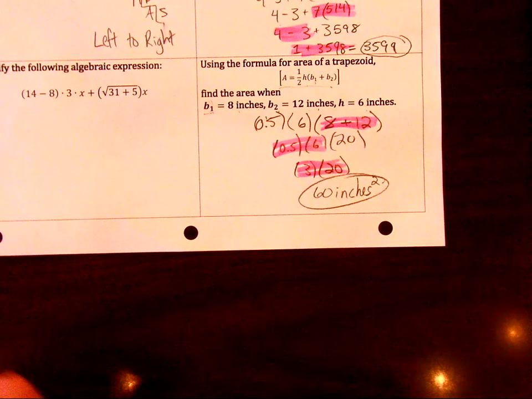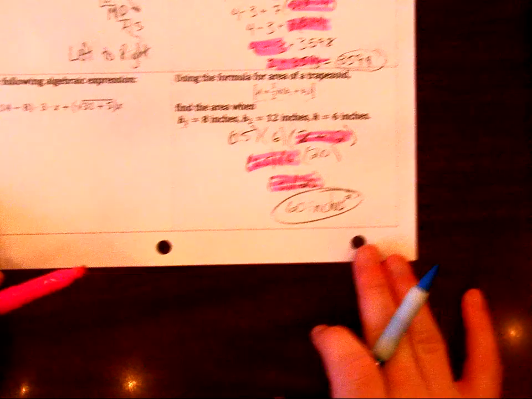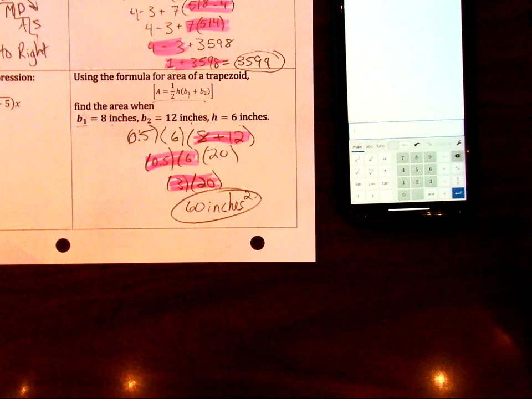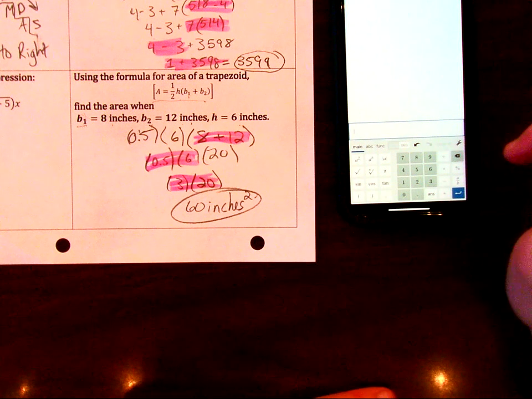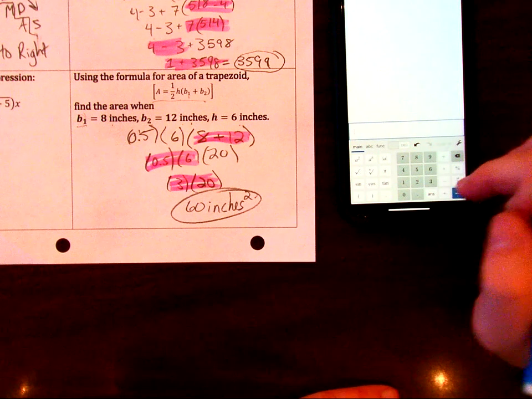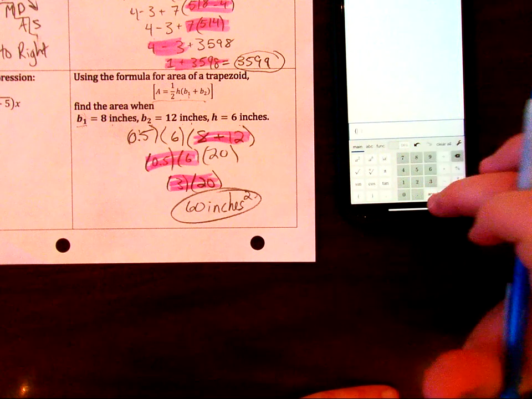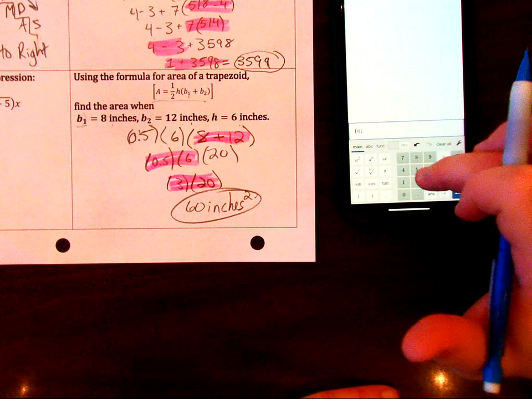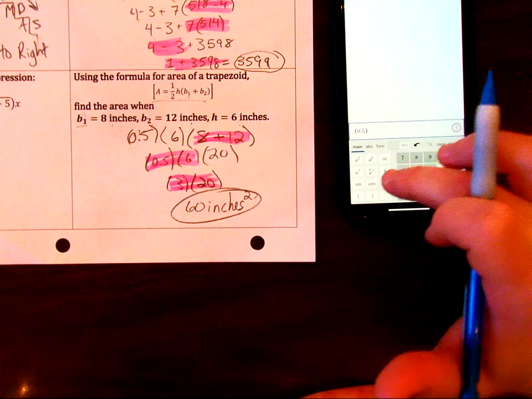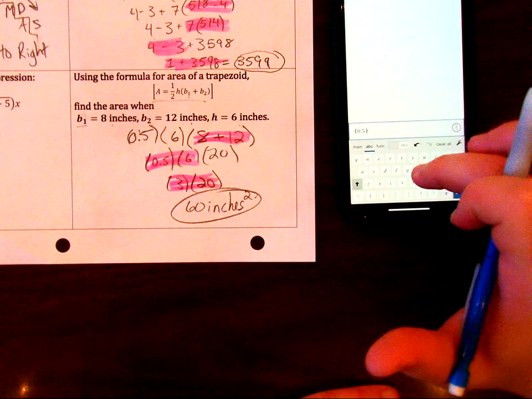Let's double check our answer. So I can click clear. All right, so let's do it like this. Let's have 0.5 times h. Let's have h.